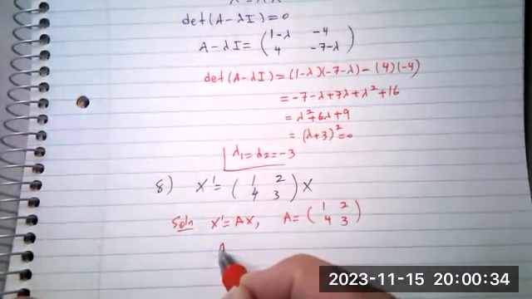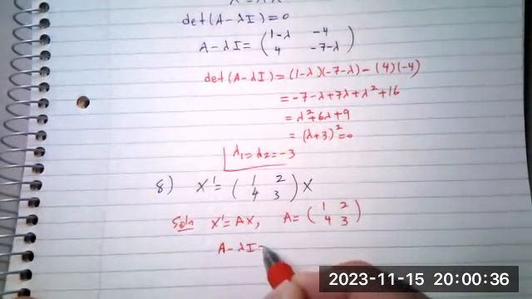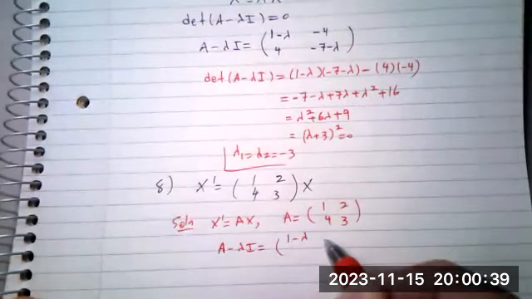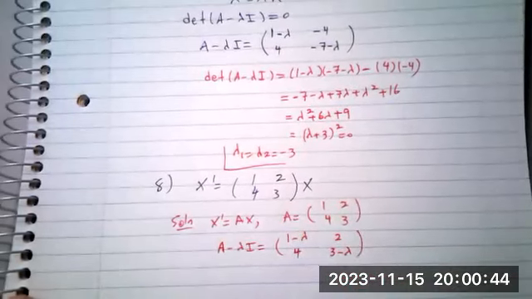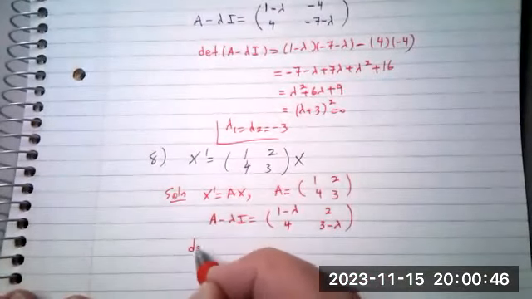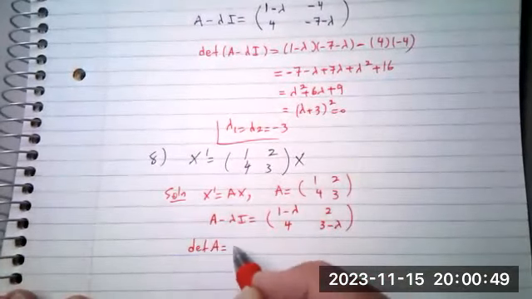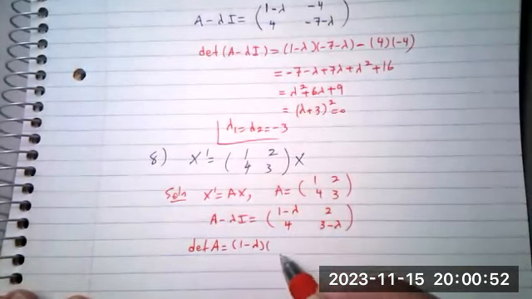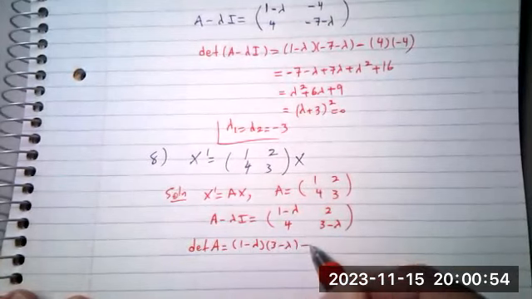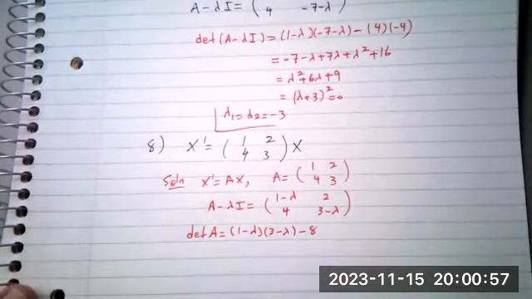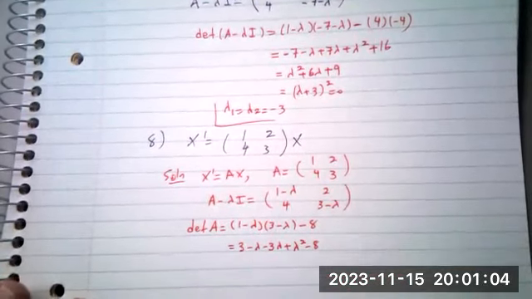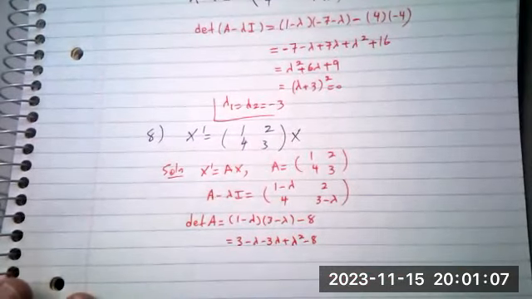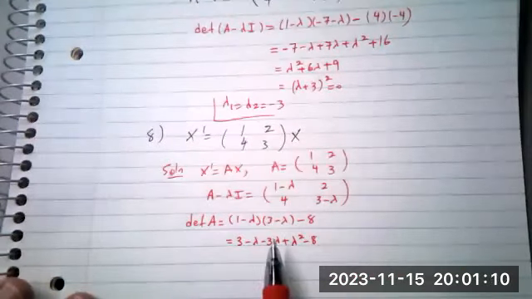So what's going to be A minus lambda I? It's going to be 1 minus lambda, 2, 4, 3 minus lambda. Get the determinant of this one. The det of A is equal to 1 minus lambda times 3 minus lambda minus 8. So that gives us 3 minus lambda minus 3 lambda plus lambda squared minus 8. Lambda is 5. Sorry? Should be -5.